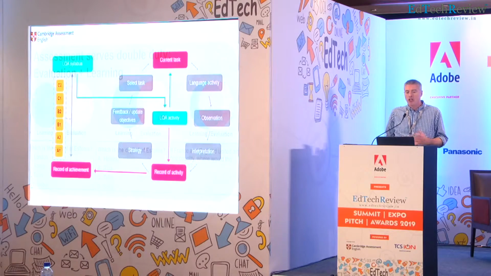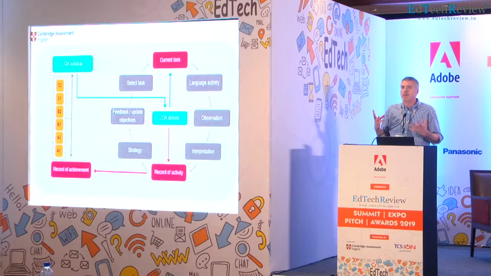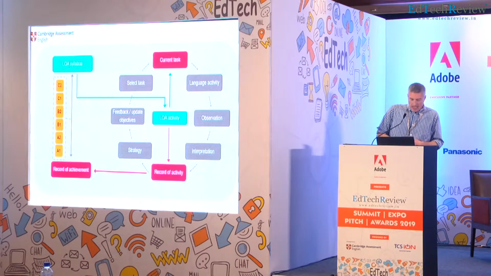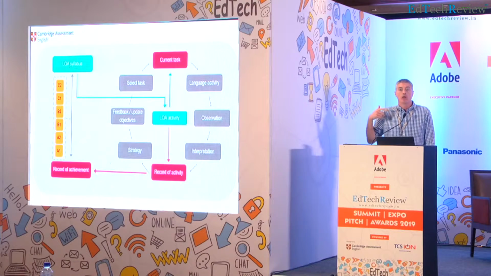And assessment and learning can work together in a kind of virtuous circle, that in Cambridge we call learning-oriented assessment. This is where assessment takes place at the centre of learning, so that it guides learning. This image is of what would typically happen in a face-to-face teaching context.